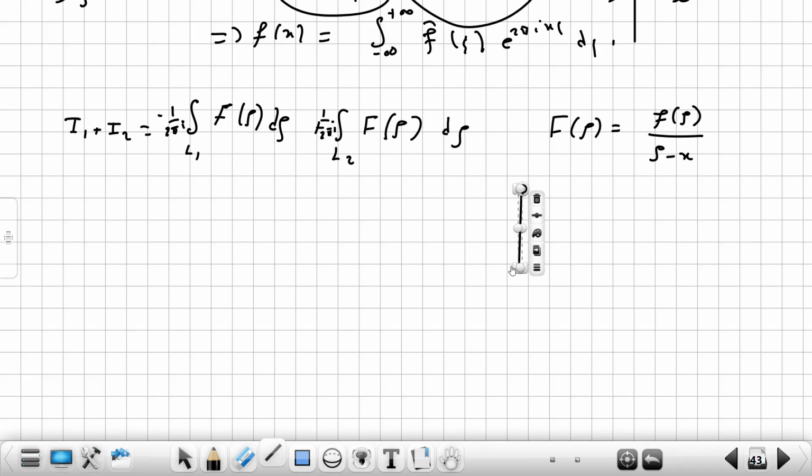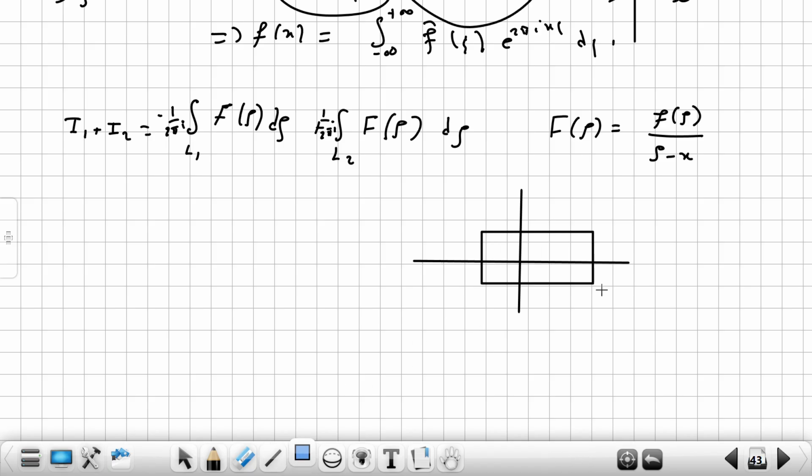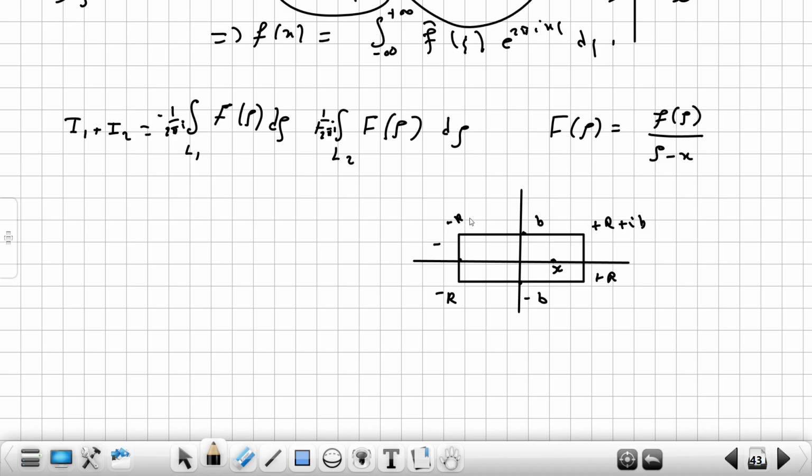Now consider the contour. So consider this rectangle, with vertices minus r minus ib, plus r minus ib, containing x, the fixed point in R, plus r plus ib, and minus r plus ib, with this orientation, of course.